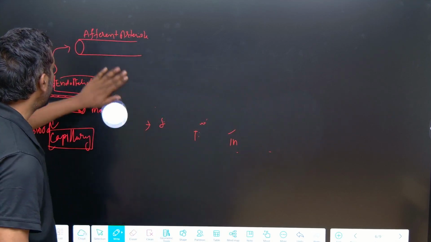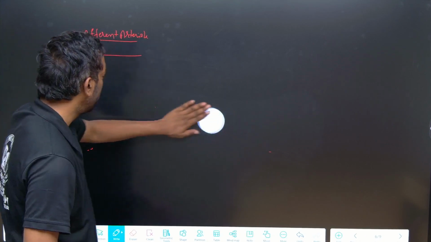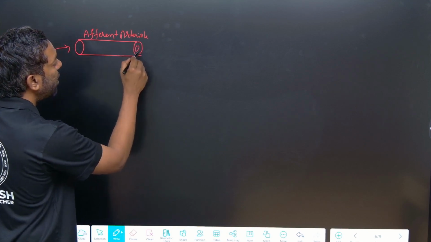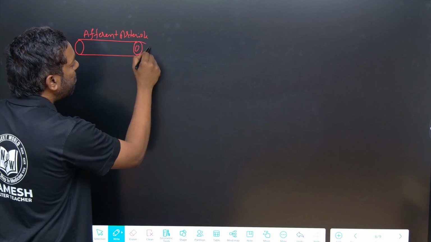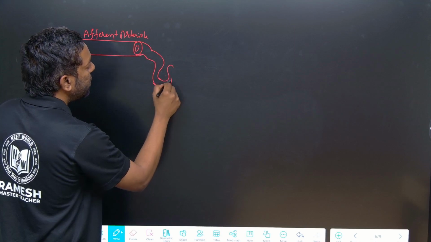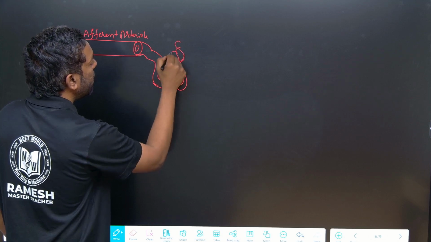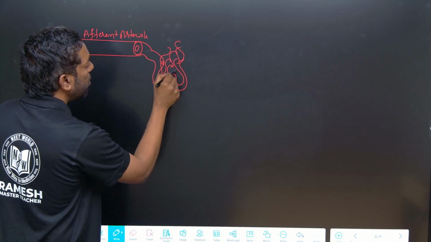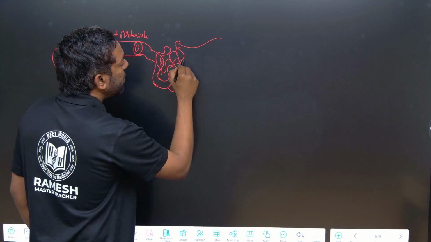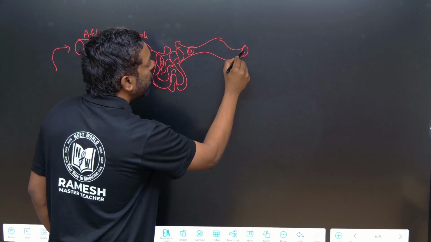The afferent arteriole makes a fine branching capillary network, which is the glomerular network. The efferent arteriole makes a convoluted capillary network like this, and it exits as the efferent arteriole.